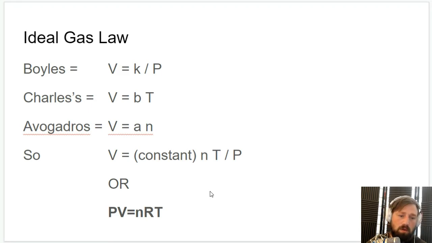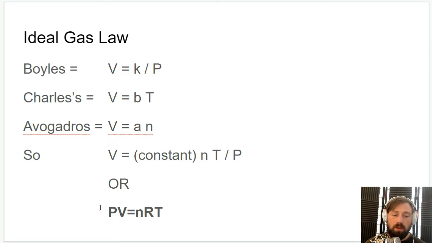Now, what exactly are these things? P is your pressure, V is your volume, n is the number of moles, R is your ideal gas constant, and T is going to be your temperature. Now, if you change one of these variables, the other things are going to change as well, unless they are being held constant.